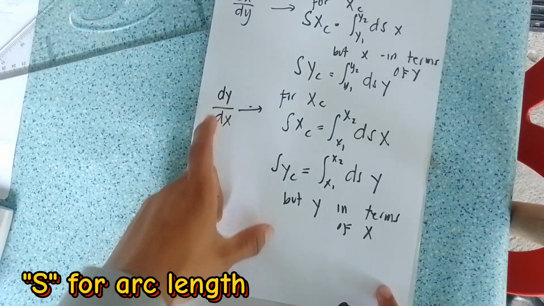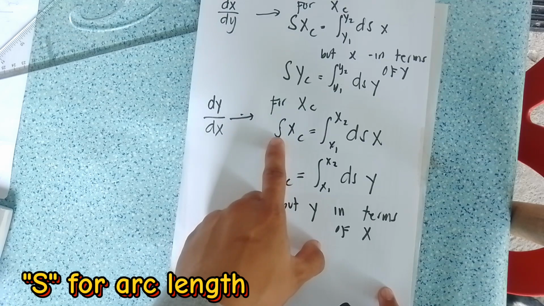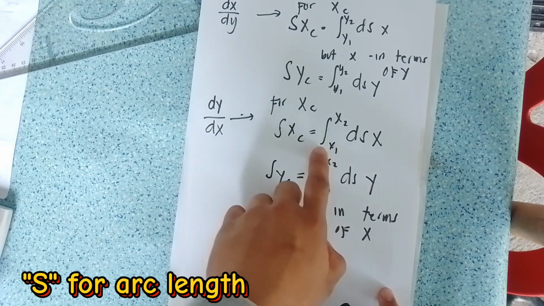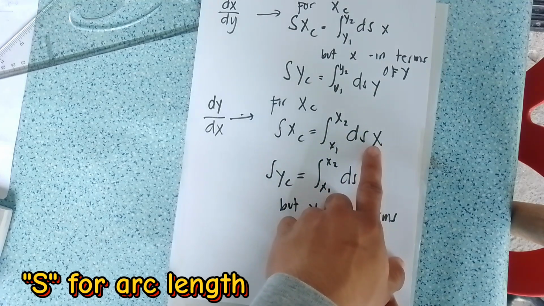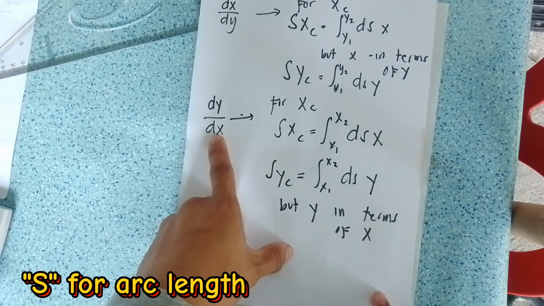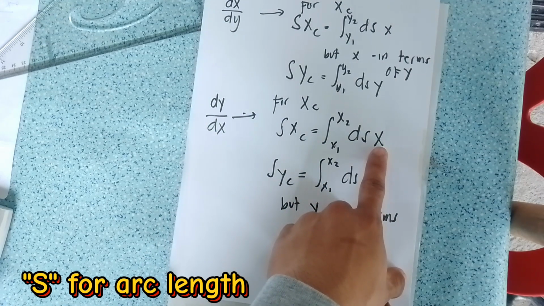If we're dealing with dy over dx as the denominator, for xc, you will get arc length times xc is equal to the integral of ds with limits x1, x2 times the multiplier of x. You notice it? If nag-aayon ikaw sa denominator, you'll only add the same variable.